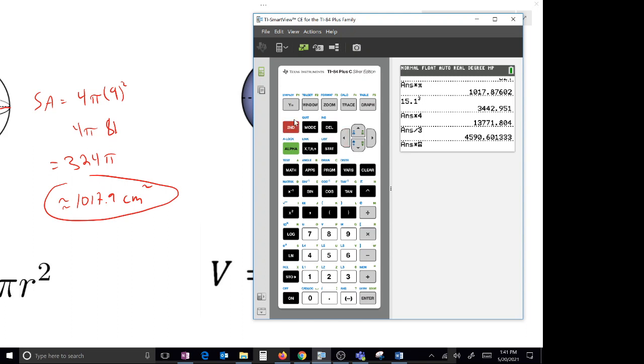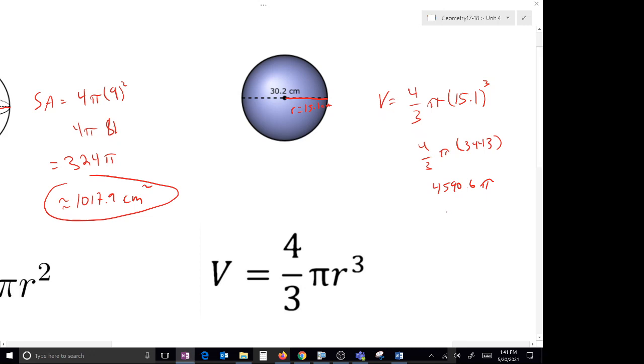And we get 14,421.8. And this would be centimeters cubed, or cubic centimeters. And this is an approximation because we rounded.